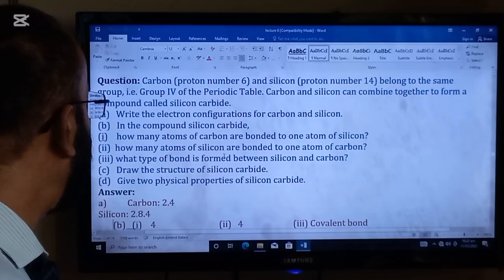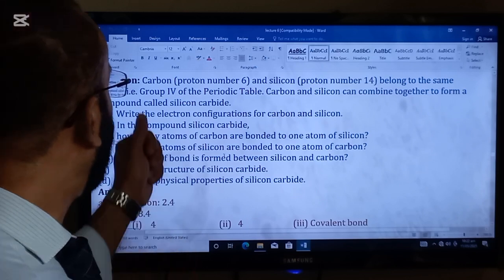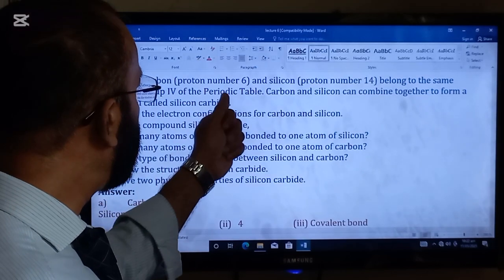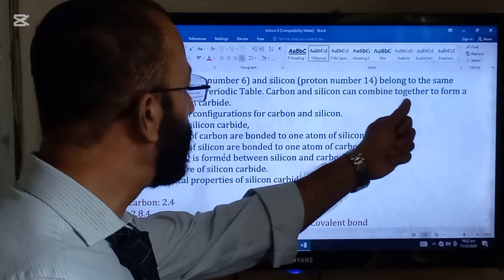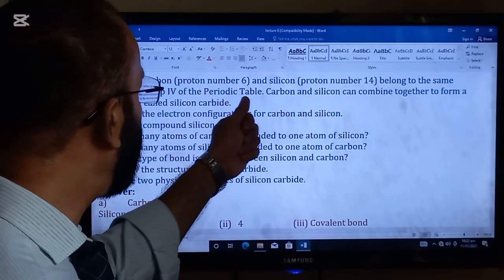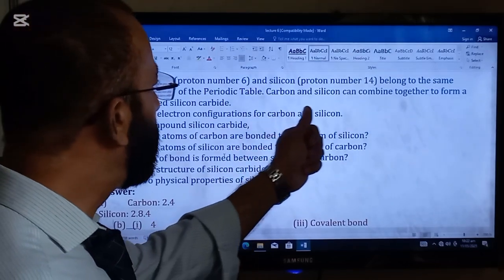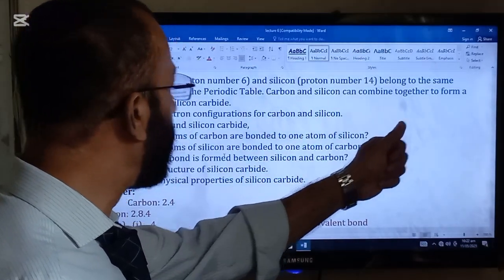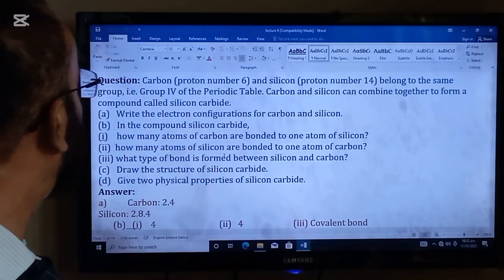Now here comes a question. Carbon, proton number 6 and silicon, proton number 14 belong to the same group, that is group 4 of the periodic table. Carbon and silicon can combine together to form a compound called silicon carbide.